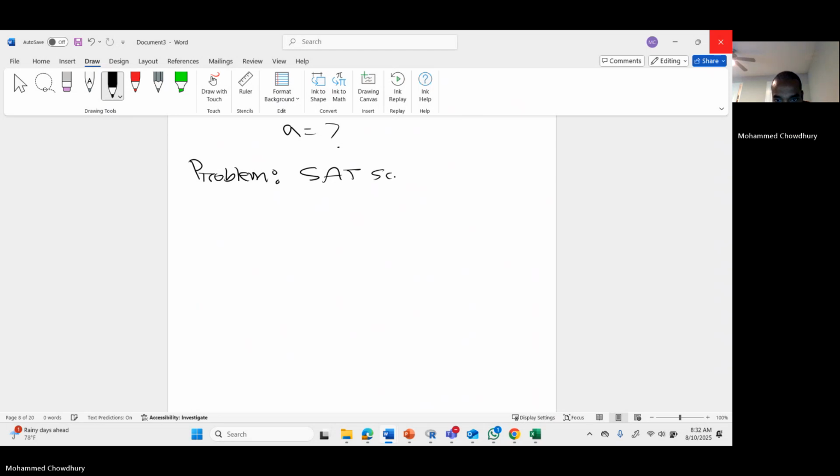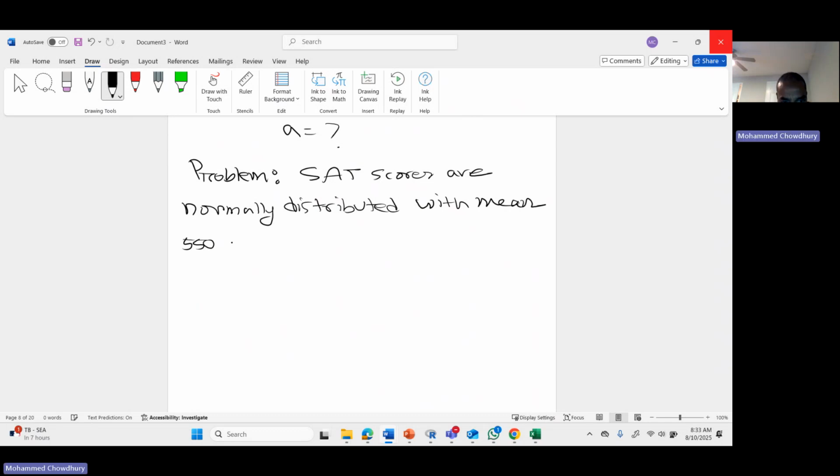SAT scores are normally distributed with mean 550 and standard deviation 50.